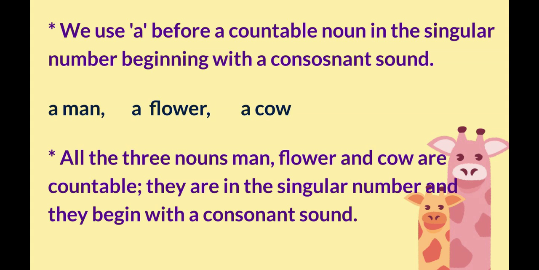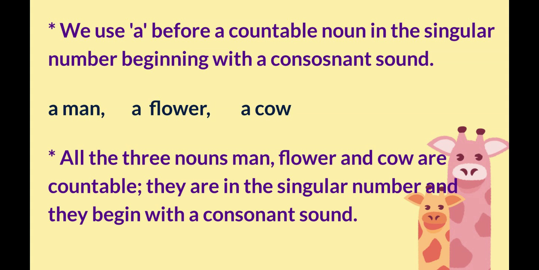Except A, E, I, O, U, all the letters in alphabet are consonant, right? For example, a man, a flower, a cow. See, man, it is consonant sound. Again in flower, consonant sound. Cow, consonant sound. These all words are beginning with a consonant sound.